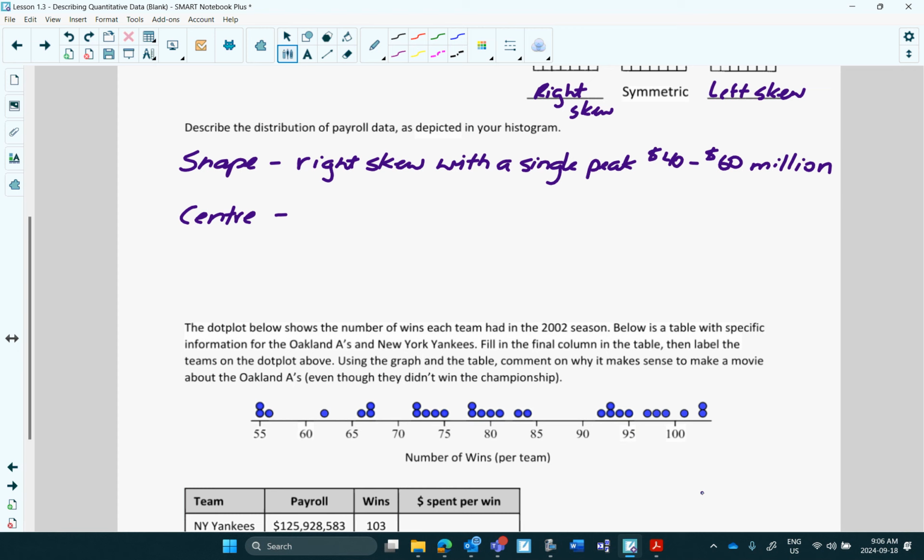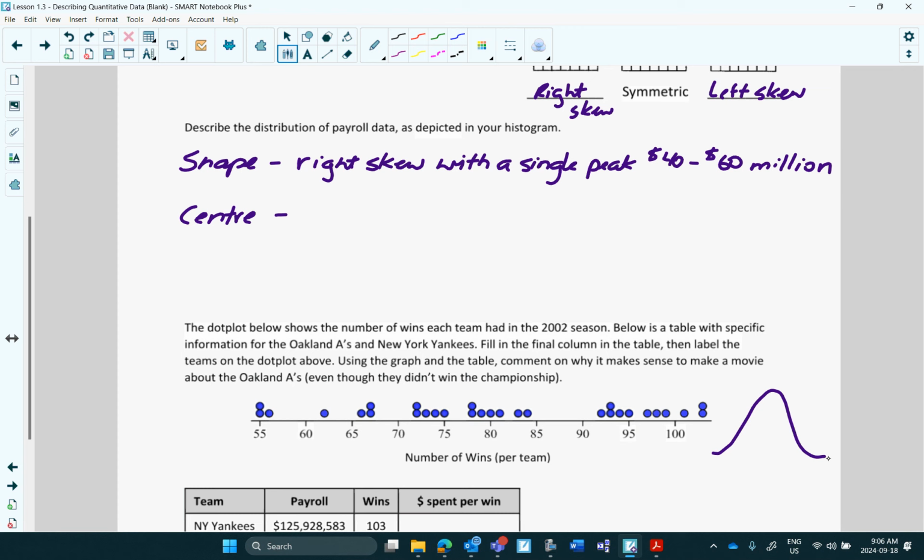Now the center. You've got to think of it this way. If you take a roughly symmetric or perfectly symmetric distribution, the center is going to be at the peak. If it's skewed, the center will go where the tail goes.